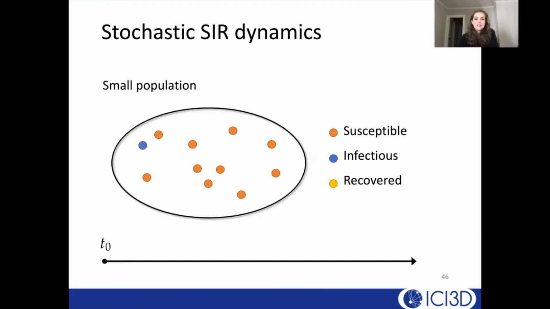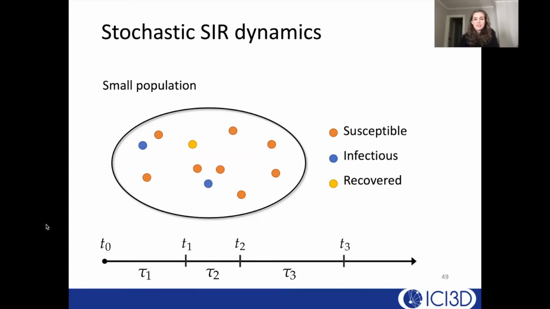Let's say at time 0, we start with an infection event, and now we have one infectious individual. After some amount of time tau 1, we might have another infectious individual, then another amount of time tau 2. For the second event, we might have another infection again, and then have a recovery, and so on.